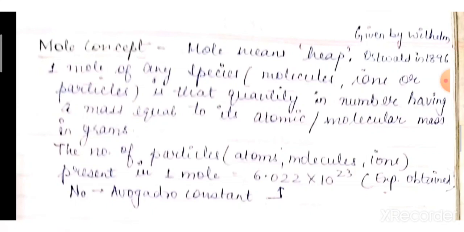So molar mass of water will be 18 gram per mole. So in mole concept, 1 mole of any substance is the quantity in number having a mass equal to its atomic or molecular mass in grams. So that is grams per mole, molar mass.